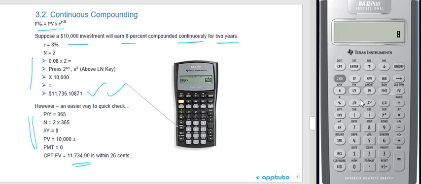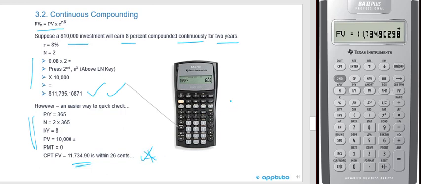Interest rate is 8%, 8 I/Y. Present value is 10,000, going to make it negative out of my pocket, PV. No payment, and I'm going to compute the future value, 11,734.02. You can see I'm just within 26 cents actually.